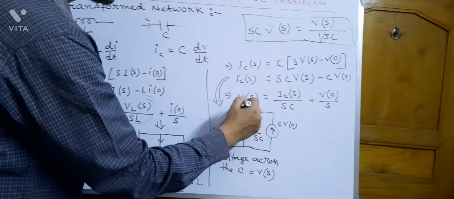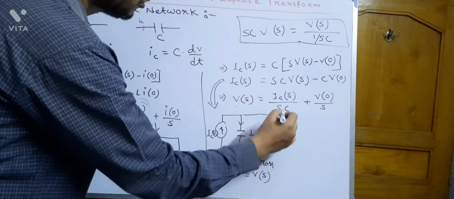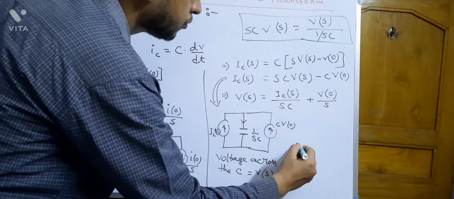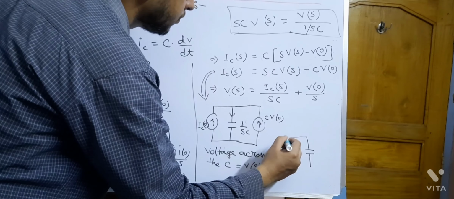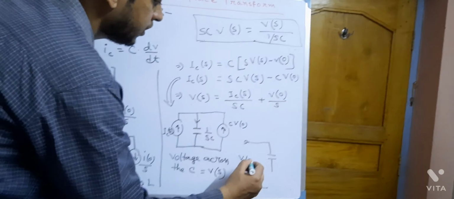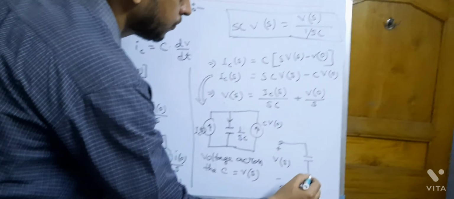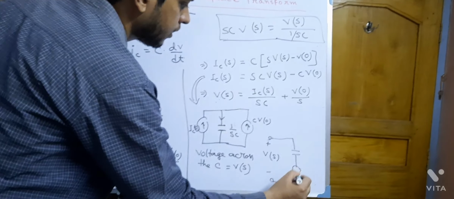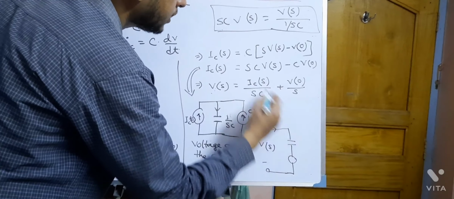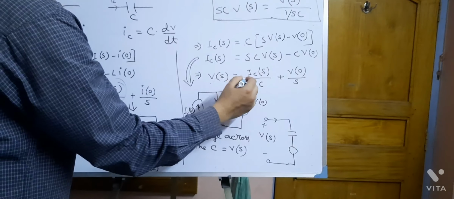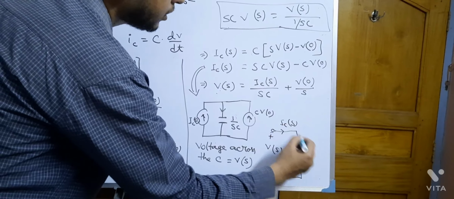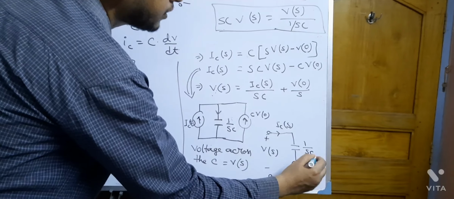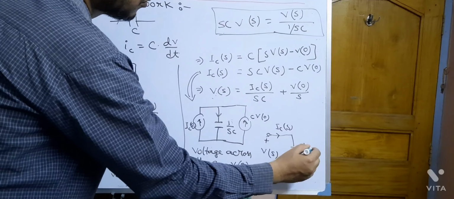Now let us look at the voltage equivalent circuit. The voltage equivalent circuit gives us that this is the voltage Vs, and Vs equals ICS by SC, ICS into 1 by SC.